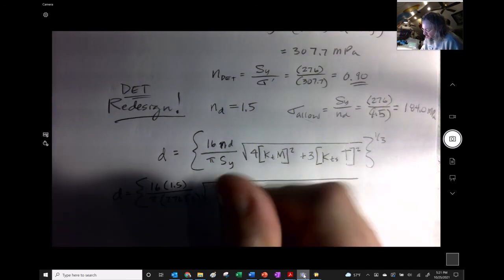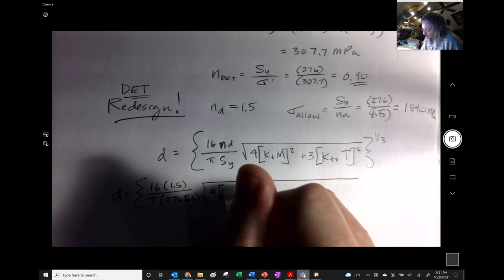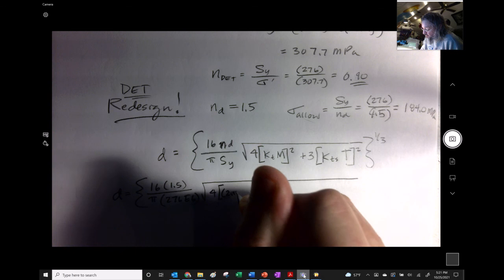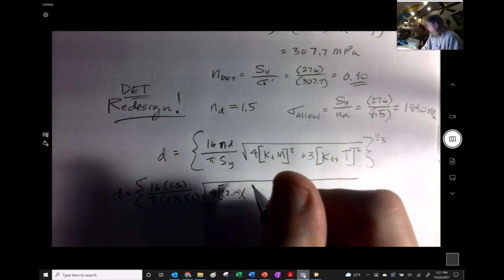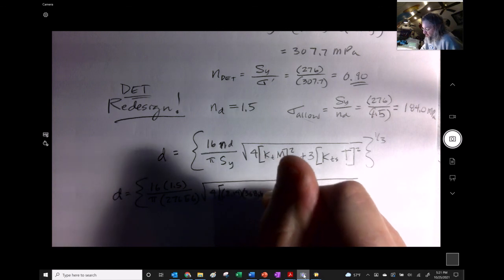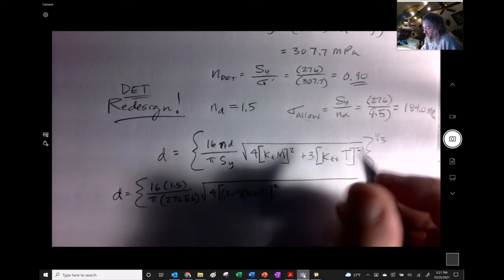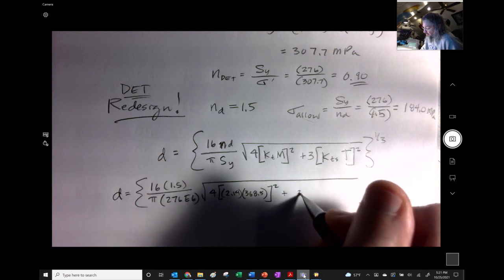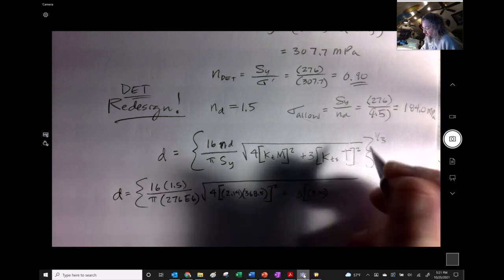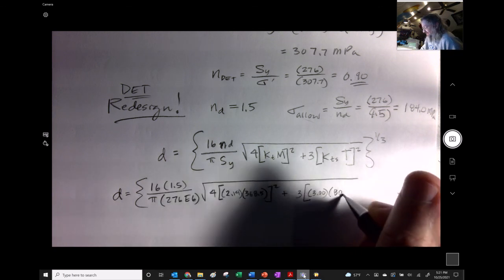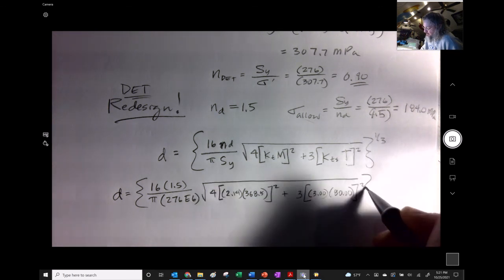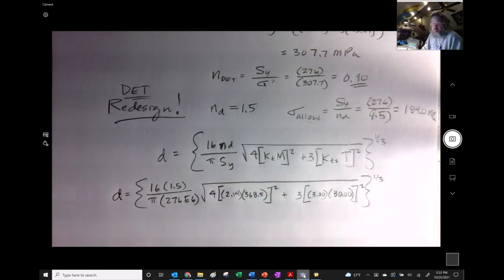Square root of 4 times my KT, which I said was 2.14, times my maximum moment of 368.5, squared, plus 3 times my stress concentration, times my torque of 80, squared, and then the whole thing to the 1/3.